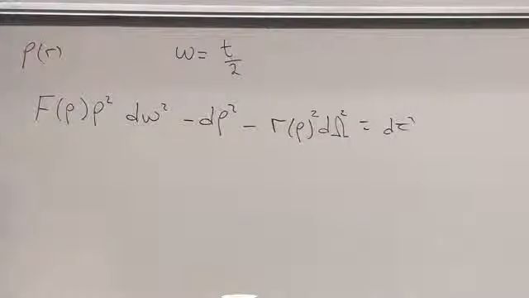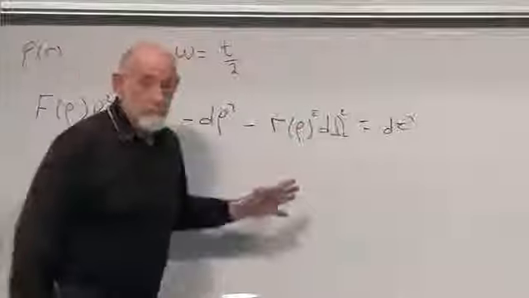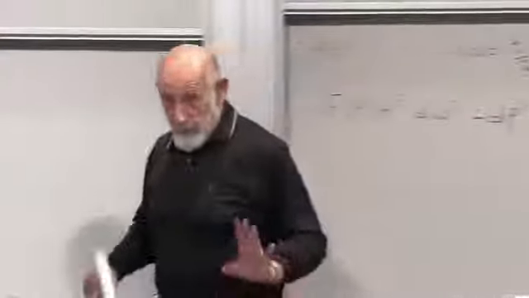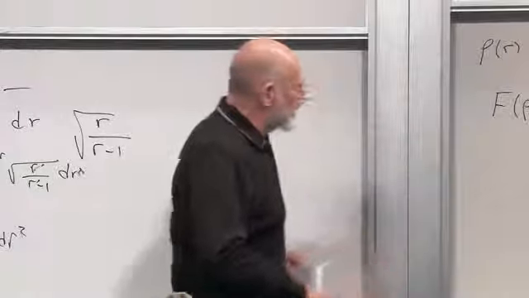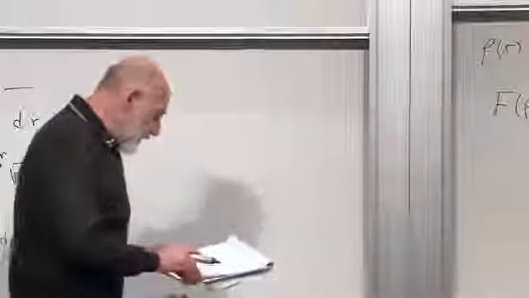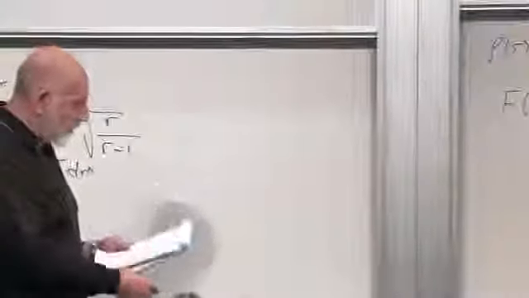It is possible to work out what r as a function of rho, and what rho as a function of r is, but we don't need to. It's the form of this metric, just exactly as it is here, that's interesting, plus a little bit of knowledge about what f of rho and r of rho are like.